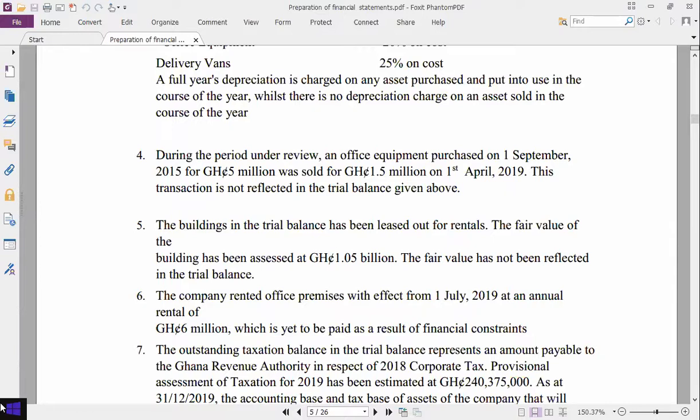The company rented office premises with effect from 1st July 2019. So here the company has to make rental payment. They've not paid, maybe because trading wasn't all that good, so financial constraint. All you have to do is find a proportion for the reporting year, which is 6 months.